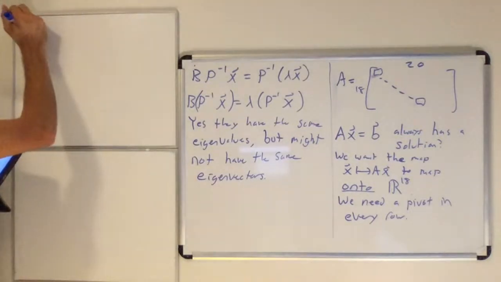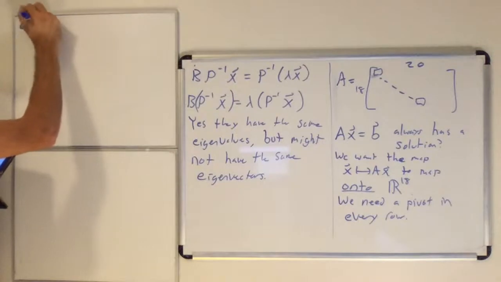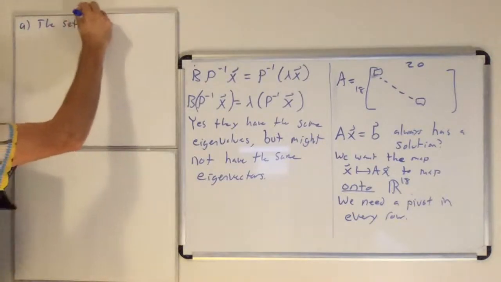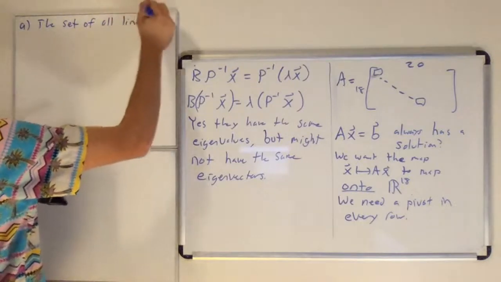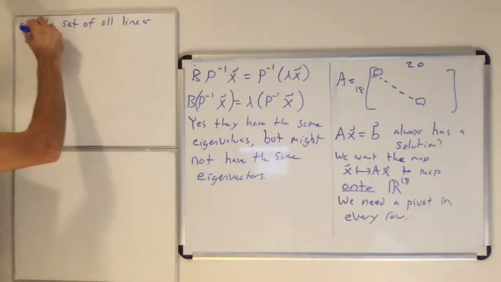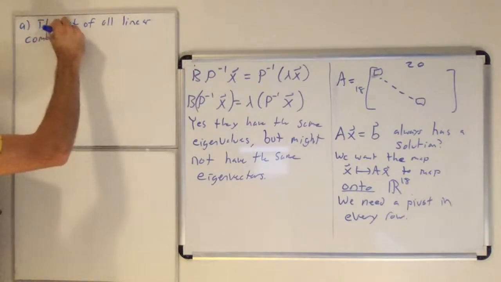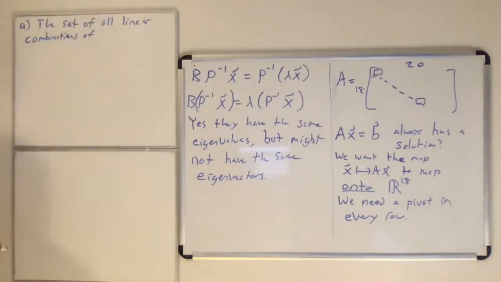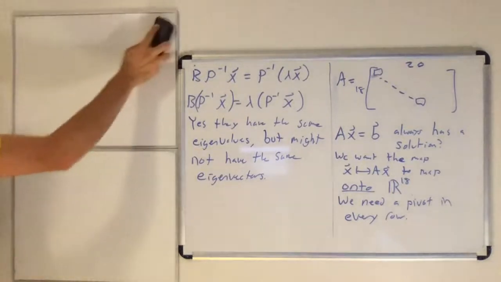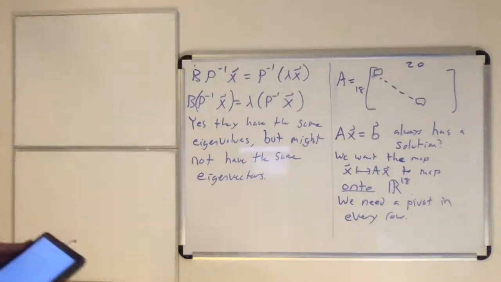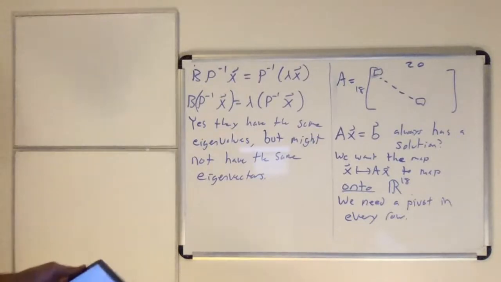Okay, so the statement is, sorry, 1F. Yeah, 1A is just something we showed in class. It's basically showing that the span was a vector space.